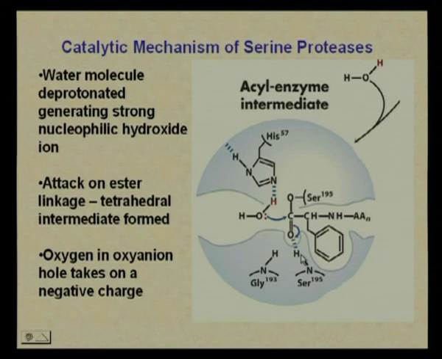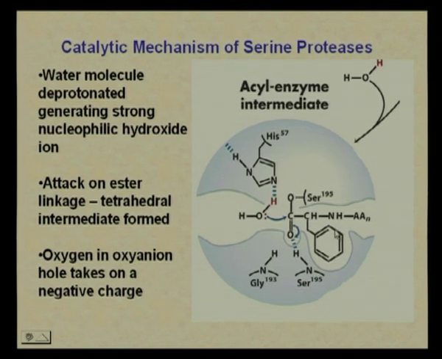Initially what happened was the serine 195 gave up its hydrogen to histidine. Histidine then donated this hydrogen to the leaving amino part of the polypeptide chain, but we still have the other part of the polypeptide chain which contained the bulky hydrophobic group that was in the hydrophobic pocket, and now what do we have to do is we have to get serine back to where it was.